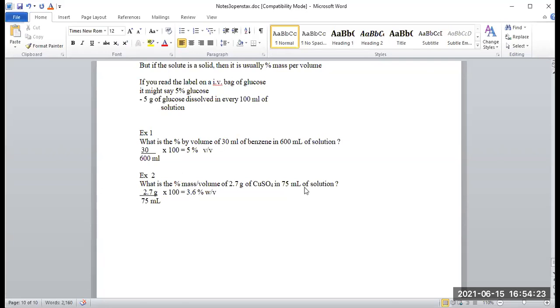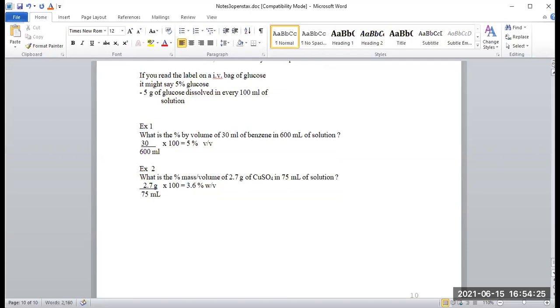And then the one below it is mass per volume. How many grams per how many mLs? Do your division, 2.7, divide by your volume, then multiply by 100, and that one is 3.6%.